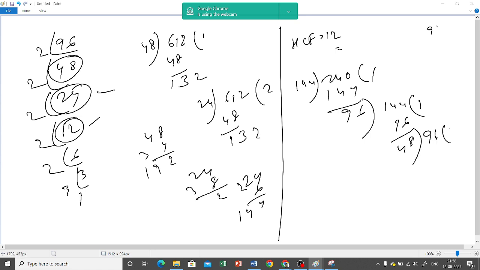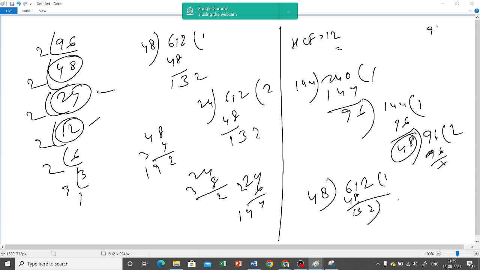So 48 is the HCF of 144 and 240, and then take 48 and divide 612.